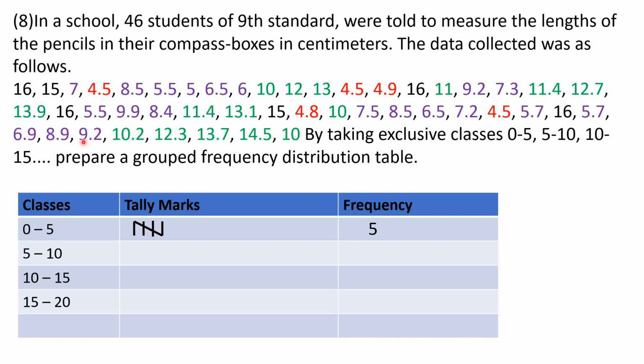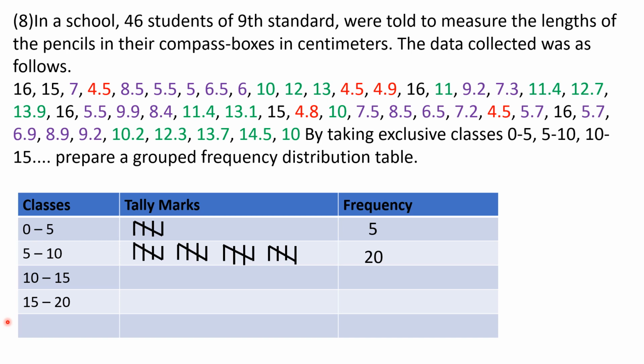So 20 observations are there in the class 5 to 10. So we'll put 20 tally marks: 1, 2, 3, 4 and the fifth one crossed, then 6 up to 20. So we'll write down 20.